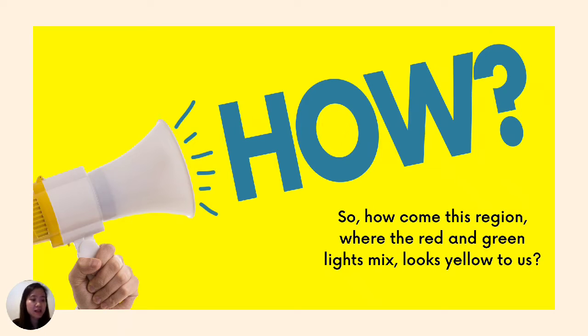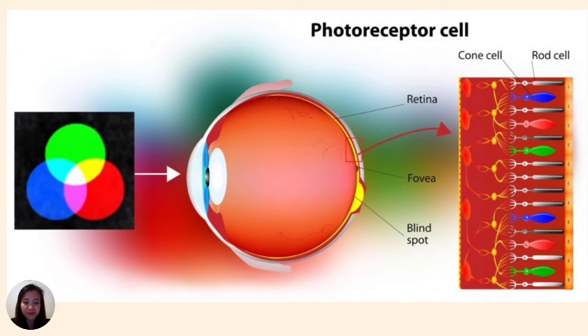To understand this, you have to understand a little bit about biology, in particular about how humans see color. Here you can see our eyeball, right? Light perception happens in a paper thin layer of cells called the retina that covers the back of our eyeball.